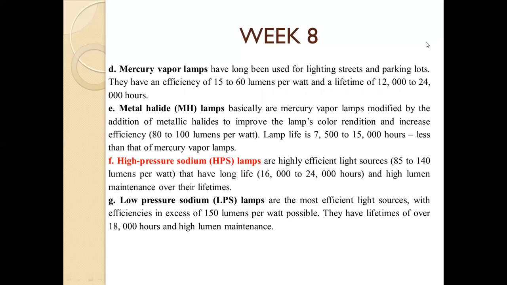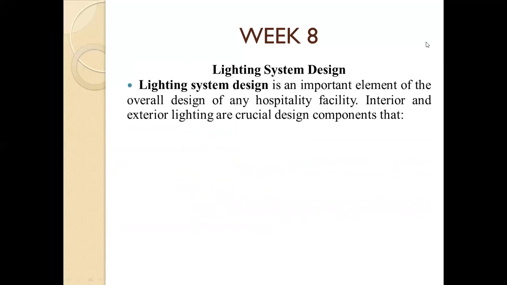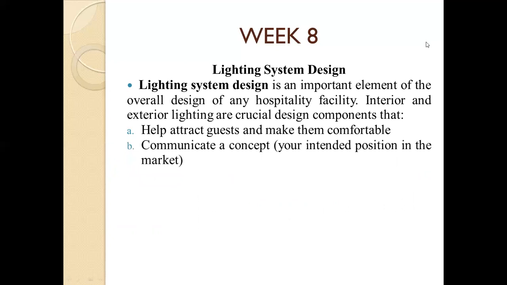Now let's proceed to lighting system design. Lighting system design is an important element of the overall design of any hospitality facility. Interior and exterior lighting are crucial design components because they help attract guests and make them comfortable. They also communicate a concept.